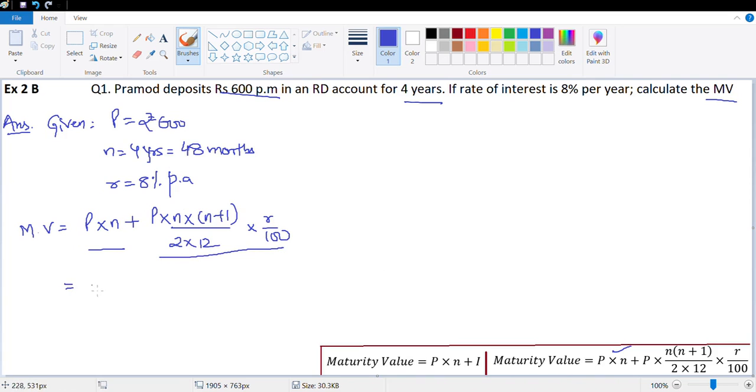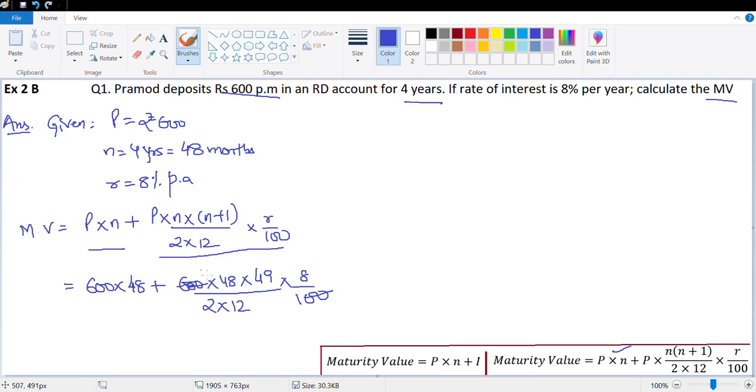So in this case, P is 600 multiplied with N, which is 48, yes, 4 years is 48, plus 600 into 48 into 49 upon 2 into 12 into R, which is 8 upon 100. So the 0s get cancelled.